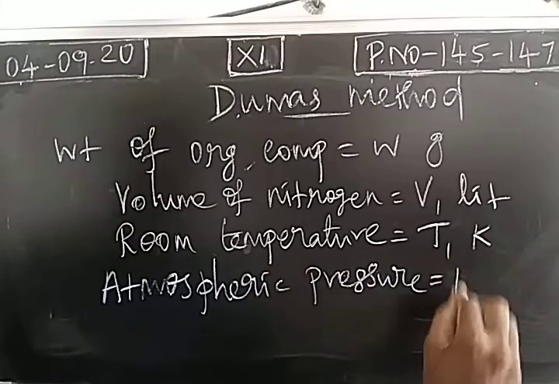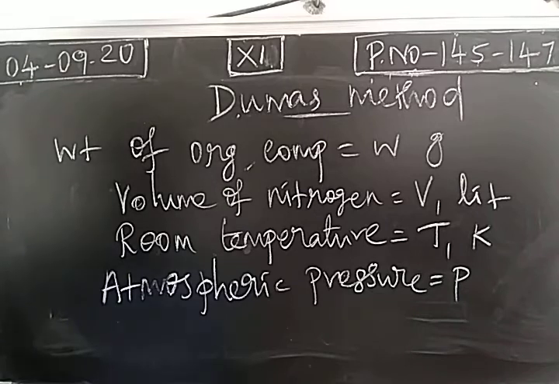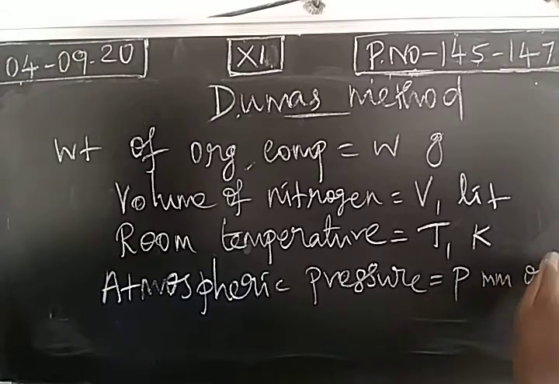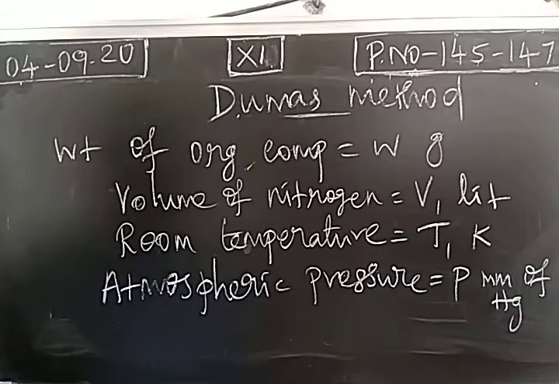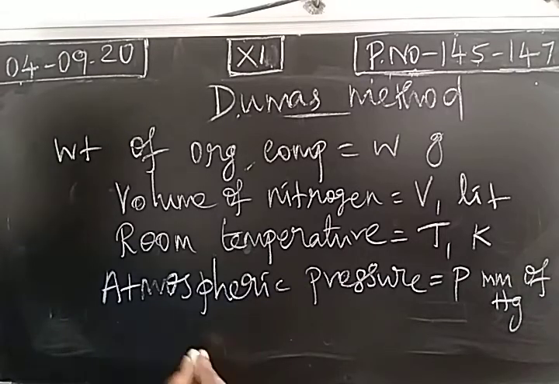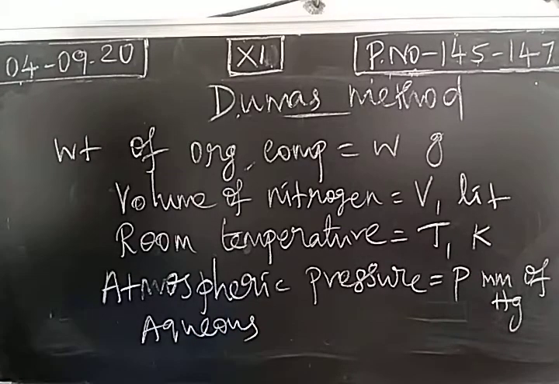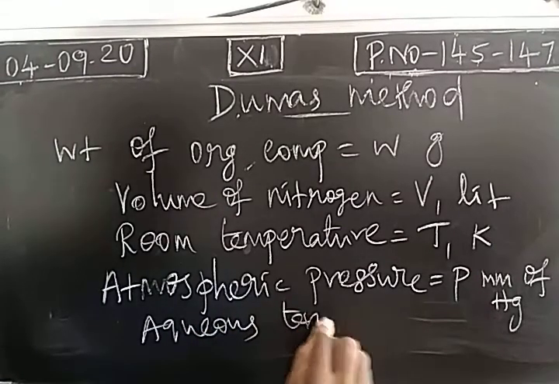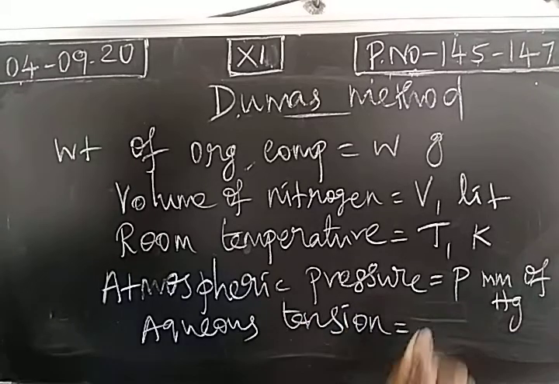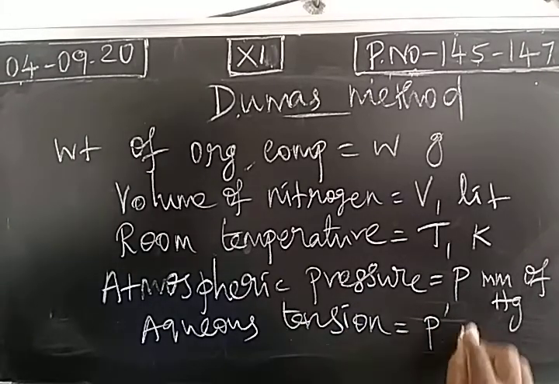Atmospheric pressure is called capital P, unit millimeter of mercury. Next, aqueous tension. For any gas, we have aqueous tension or vapour tension. Aqueous tension is taken as P dash millimeter of mercury.